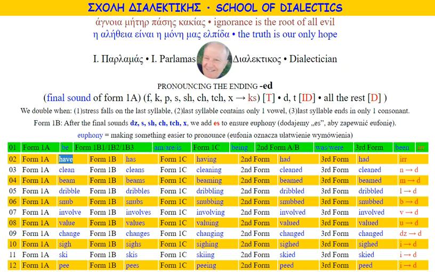And form 1b has only one function and has a very limited use. This form is used only in the affirmative of the present simple in the third person singular, like he, she, it. So together, form 1a and form 1b make up the present simple in the affirmative only.